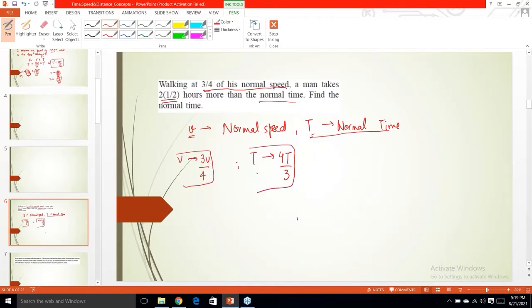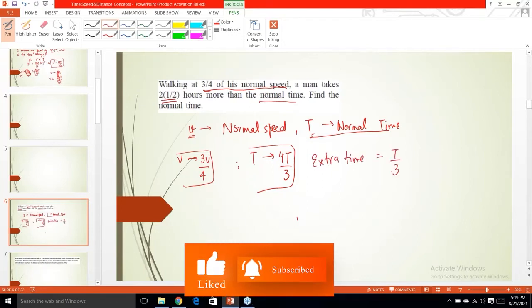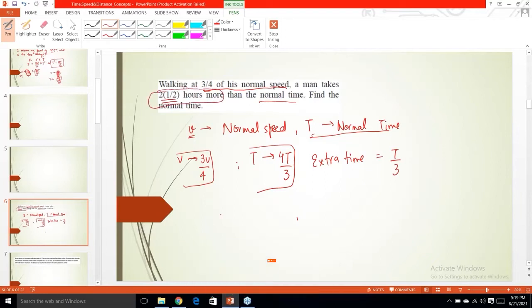Now, if the time is changing to 4T/3, what is the extra time that he's taking? Earlier he was taking T. Now he's taking 4T/3. So the extra time is T/3. But what is the extra time given to you? He takes 2.5 hours more. So the extra time is 2.5, which means that T/3 is 2.5.